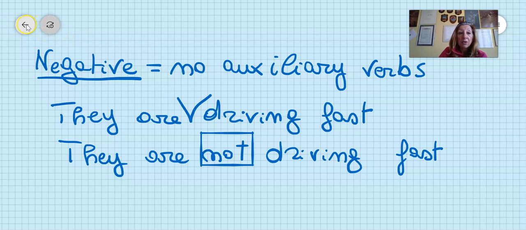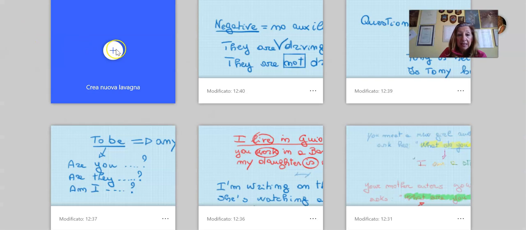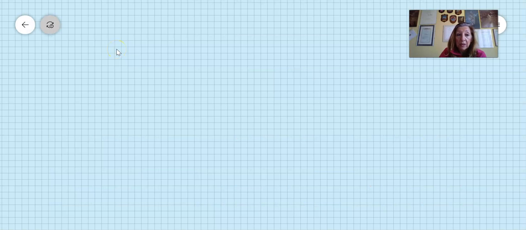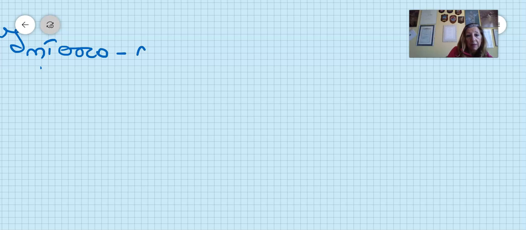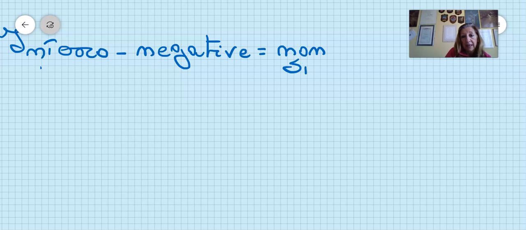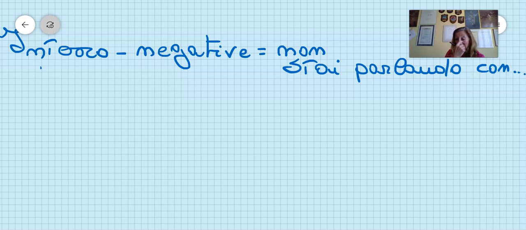Let's see the interrogative sentence, because we may also use non stai scrivendo una mail, okay? Interrogative-negative. Non stai parlando con, etc. Okay, we can also make a question.